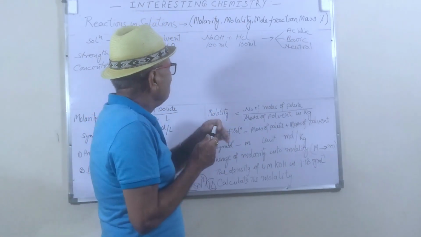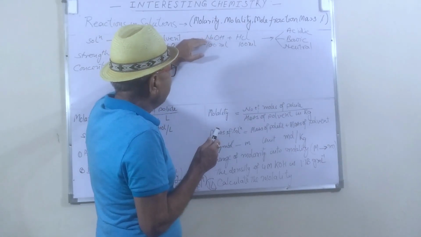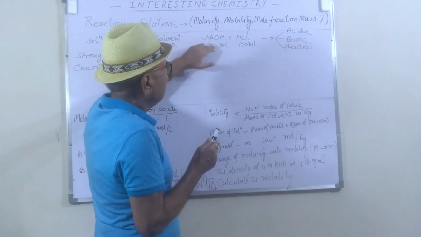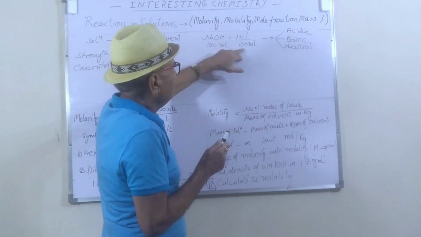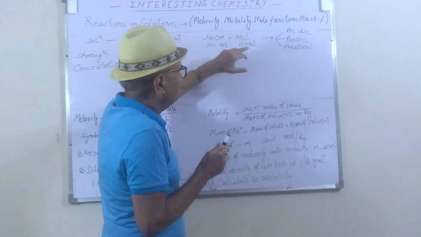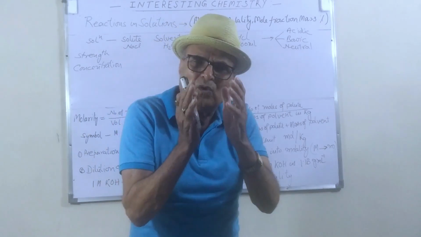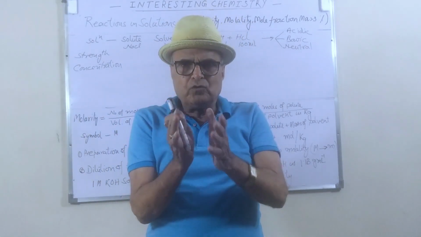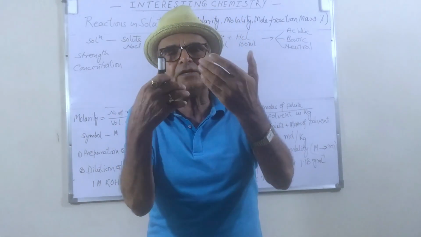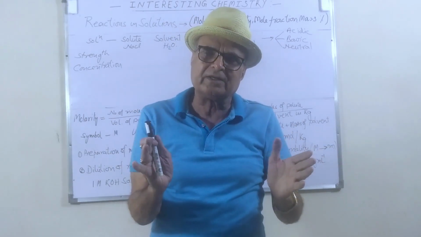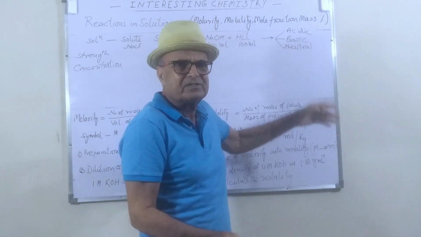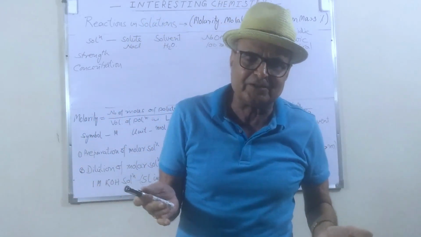I think that you are unable to answer acidic, basic or neutral, because you don't know the amount of the NaOH in 100 milliliter, and you don't know the amount of HCl in this 100 milliliter. Without knowing the amount of the substance in a solution, you can't predict whether it is acidic, basic or neutral.